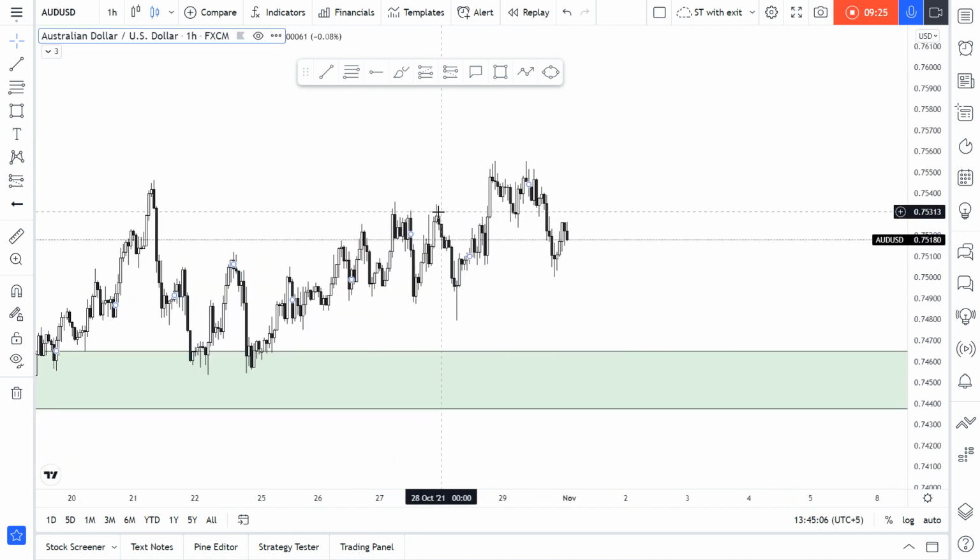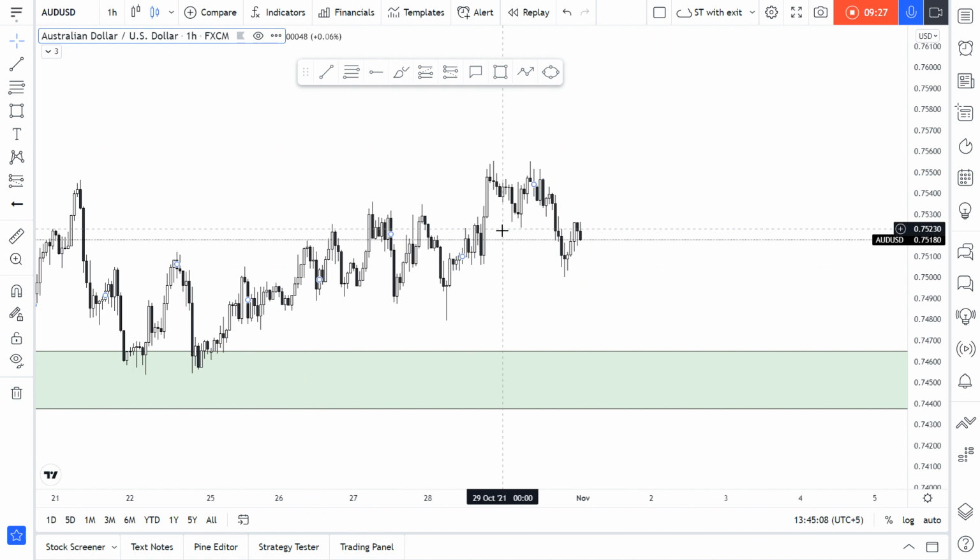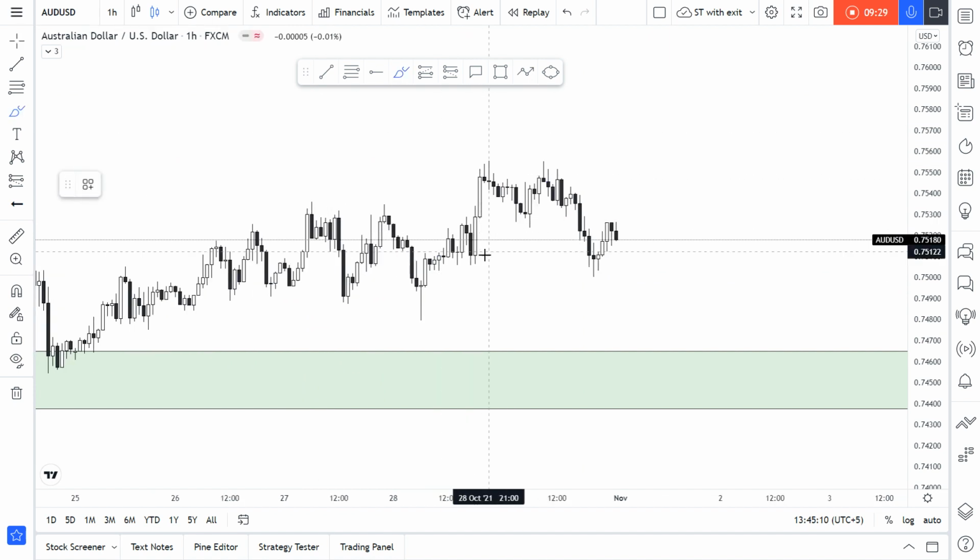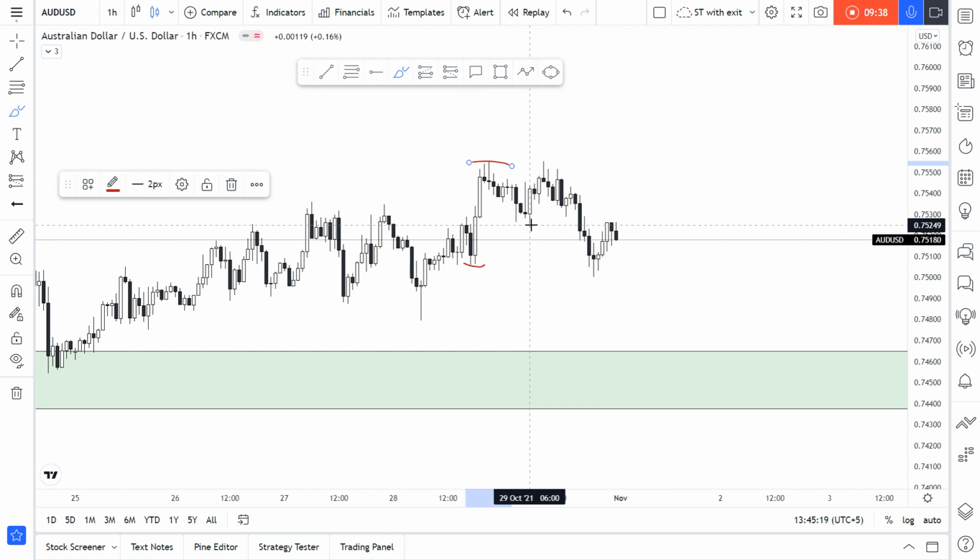We can see that our last impulse was this one. This is our range, this was our low, this was our high. The price corrected down, it just touched into this OB, and it went up, and it failed to make a higher high and broke down.